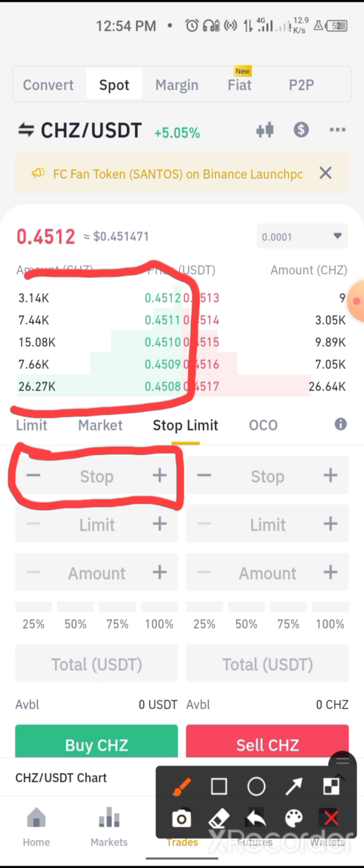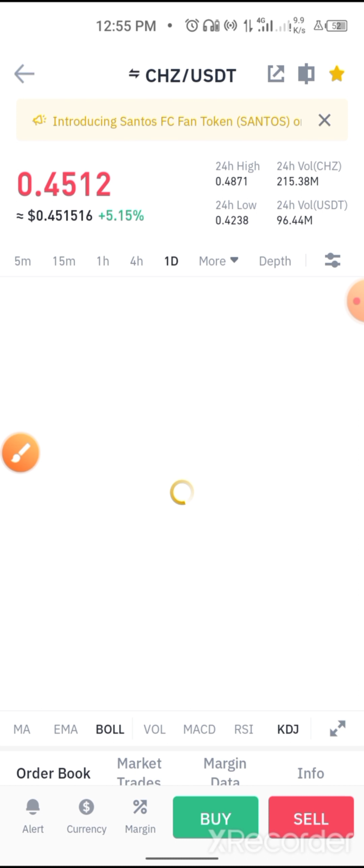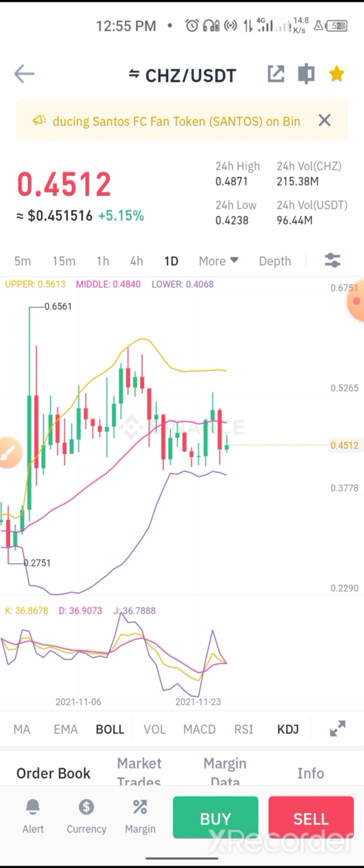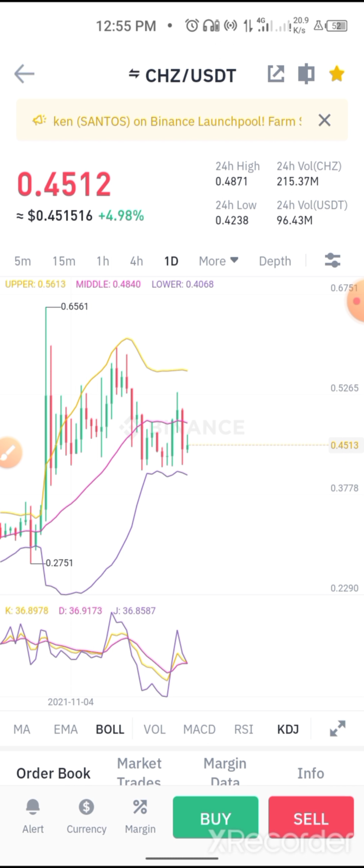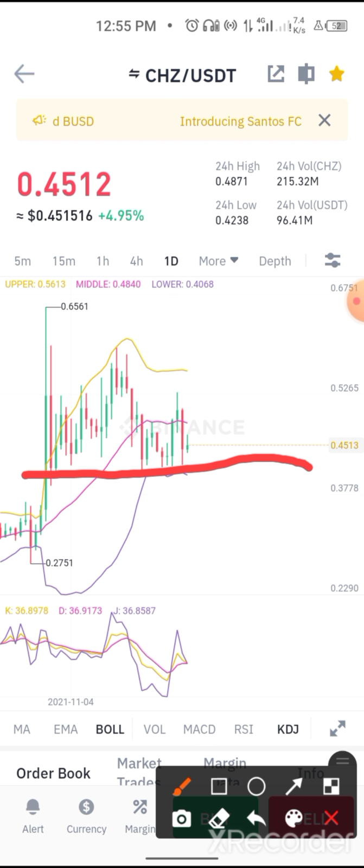I want to buy at a cheaper price, and I know that this price is going to drop. I'm looking at the chart right now. I know that this price is going to drop, and I'm going to place my stop here, and I'm going to place my limit order here.